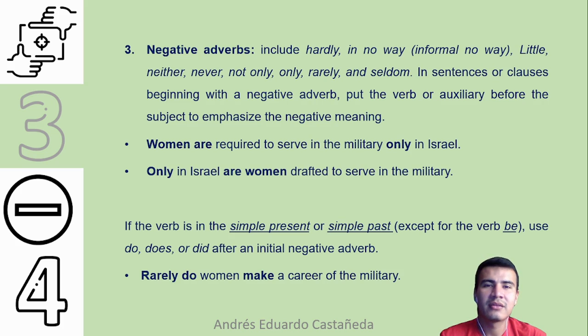So you can notice that to emphasize the negative meaning, you have to put the auxiliary verb before the subject. But if the verb is in the simple present or simple past, instead of the verb be, use do, does, or did after an initial negative adverb. Example: "Rarely do women make a career of the military."